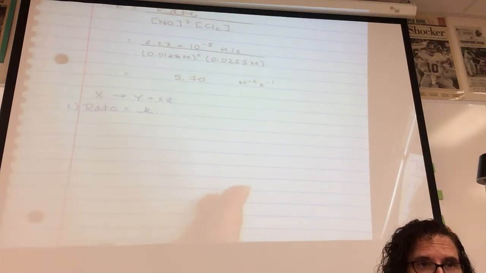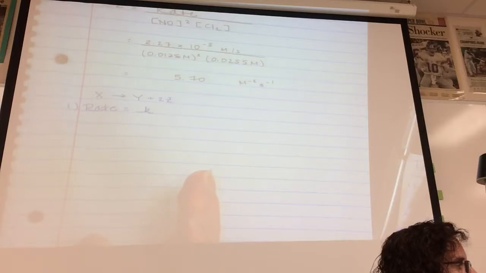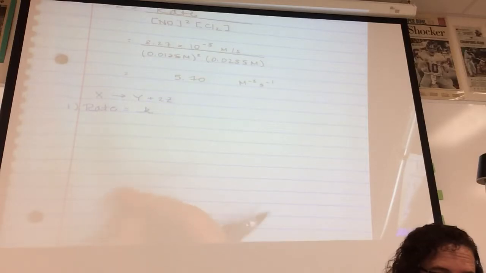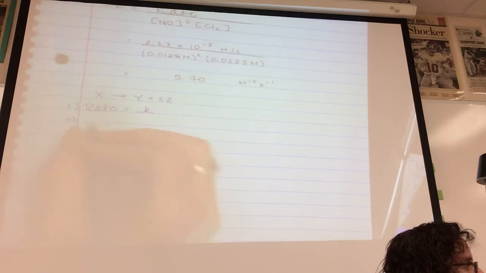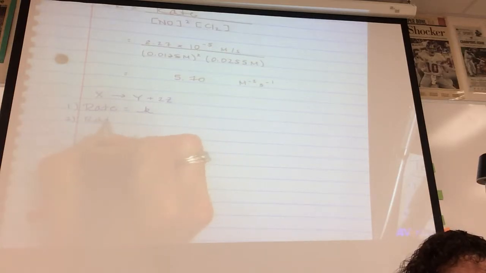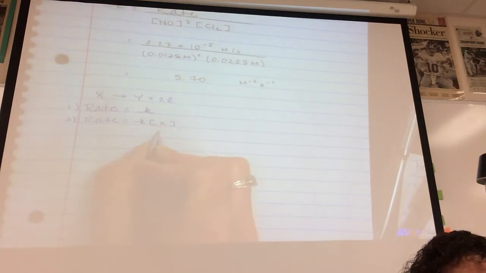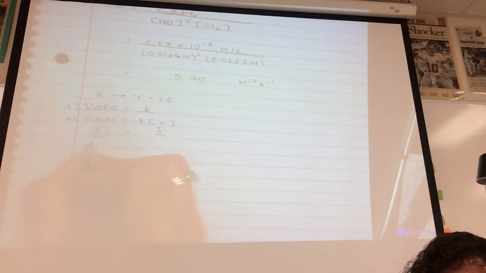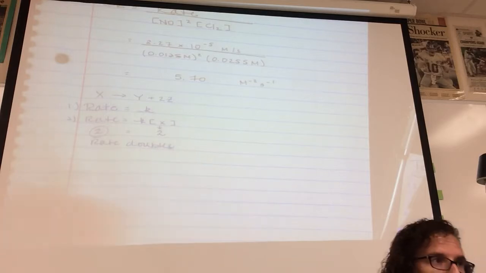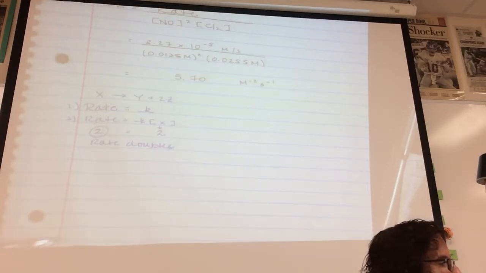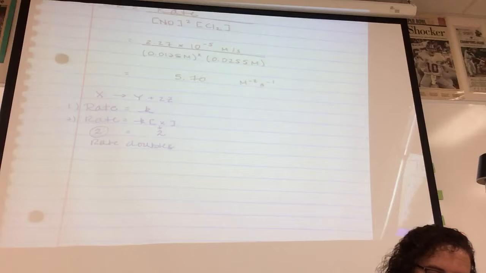It doesn't matter what you do to the concentration. There's no effect on the rate. If you have first order, where rate is equal to k times the concentration of x, if you double the concentration of x, then the rate doubles. So whenever you have first order, whatever you do to the concentration is what you do to the rate.